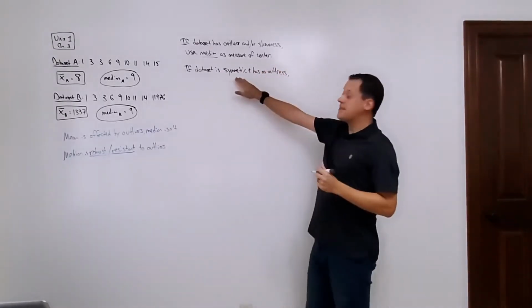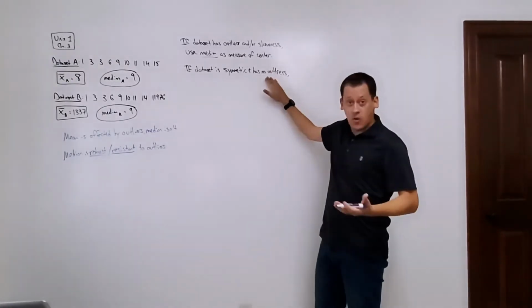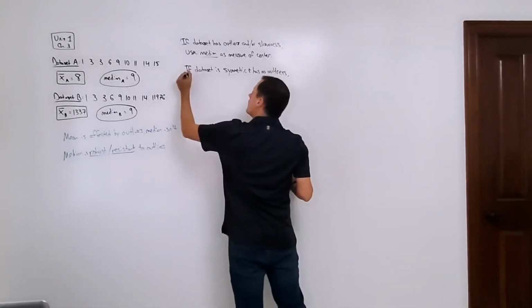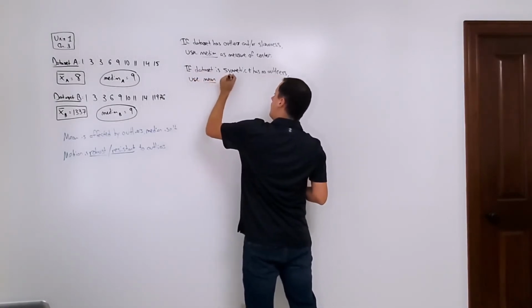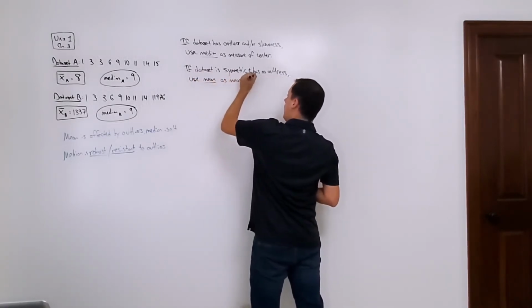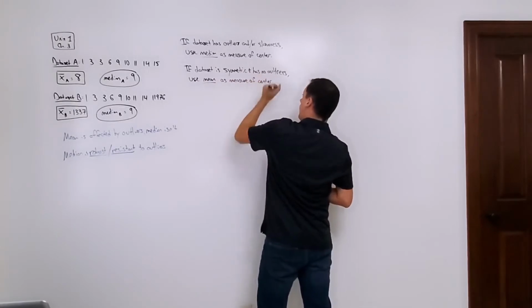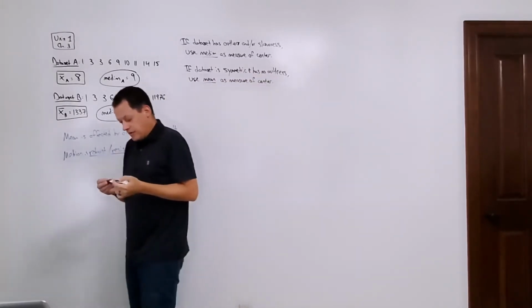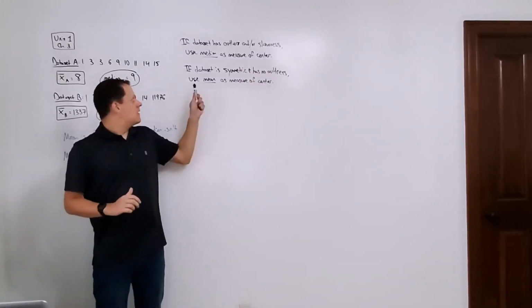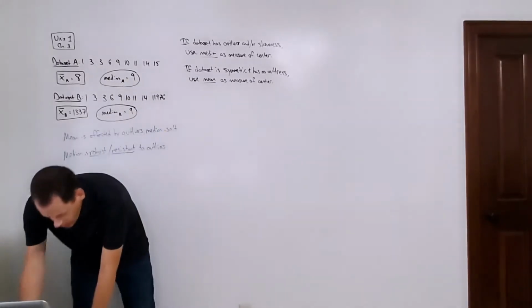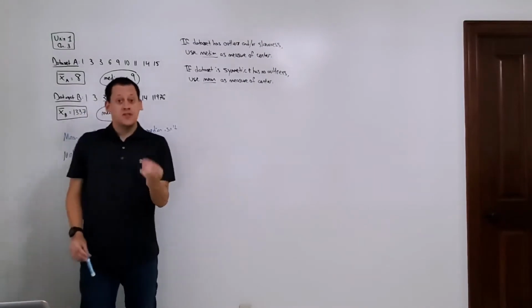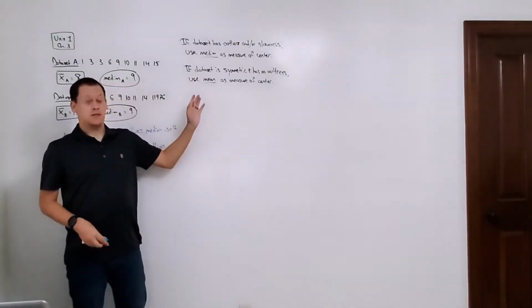Okay, so if your data set is symmetric and has no outliers, then you use the mean. Now, you could memorize this and try and connect it that way, or you can understand why this is the case.